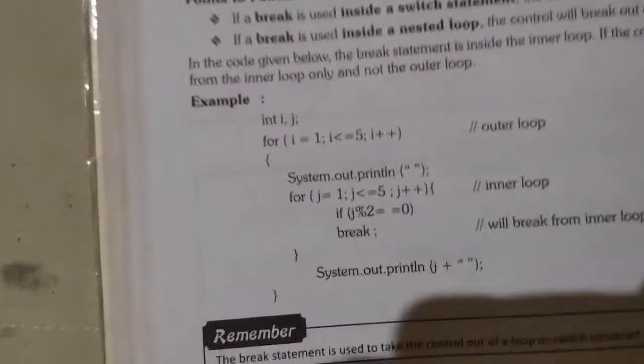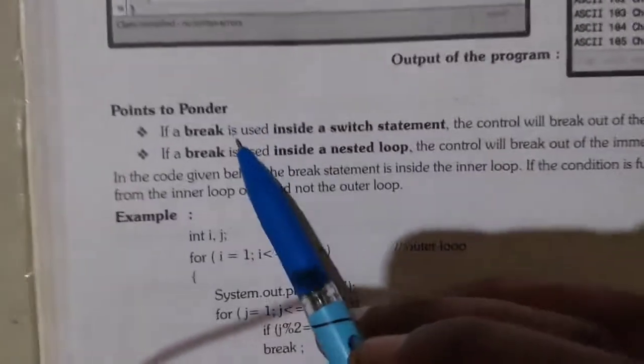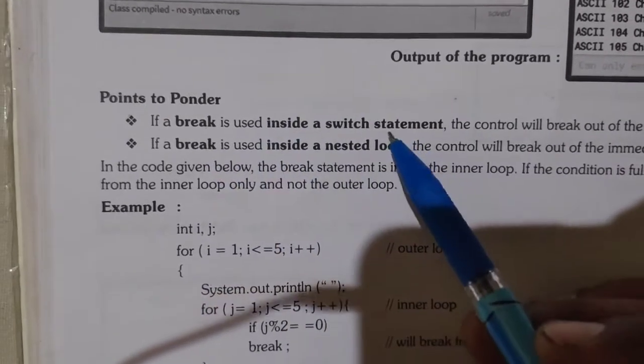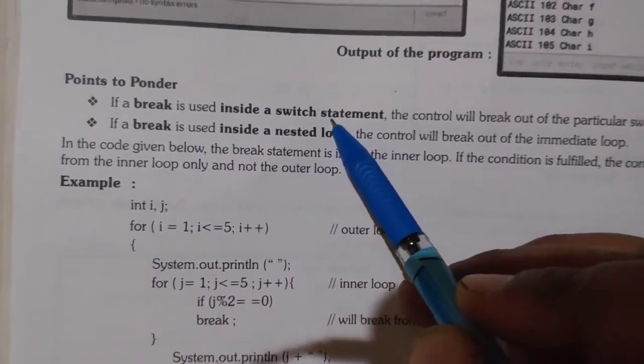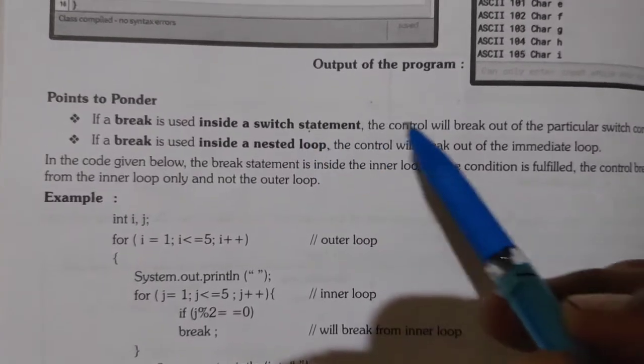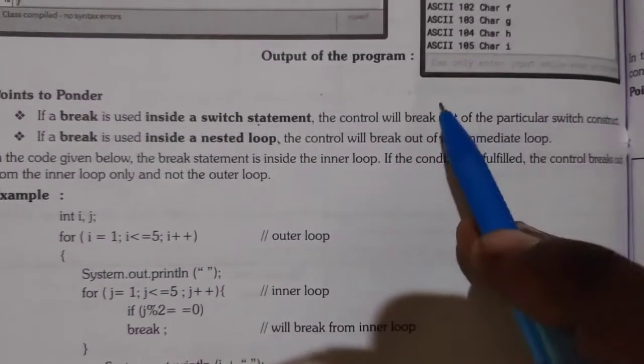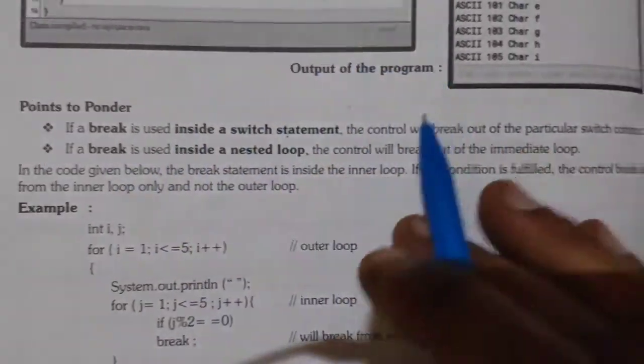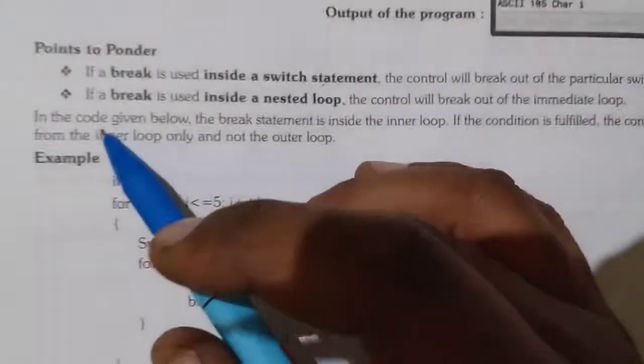And here some points are given that you must keep in mind while using the break keyword. First is, if you are using the break keyword inside a switch statement after every case, then it will transfer the control, or it will break the particular switch construct only.